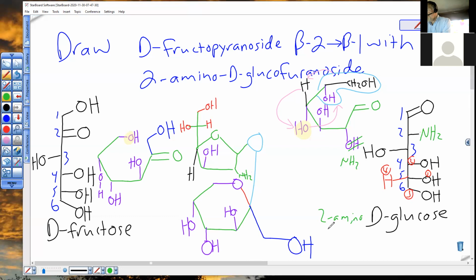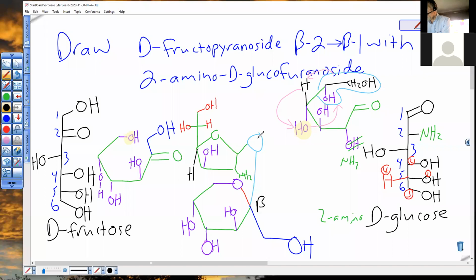Do we have everything we need for this lovely 6-point problem? Why was this beta here? Well, for a D sugar, beta is up. For other sugars, where there's a CH2OH there, beta is cis to the CH2OH.